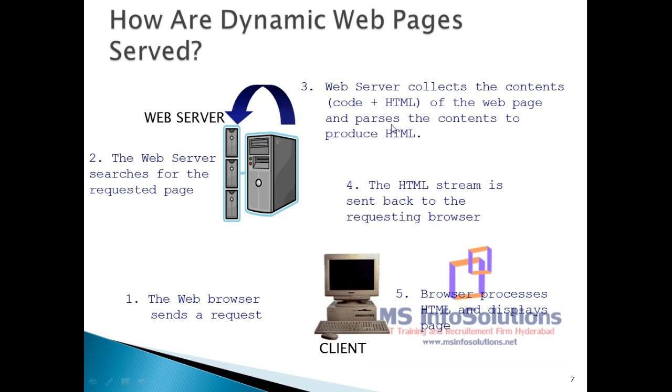Simply, based on the code it will read the existing HTML and some new HTML will be generated. It will send this HTML to the browser. The HTML stream is sent back to the requesting browser, and the browser will process the HTML and display the output page to the user.